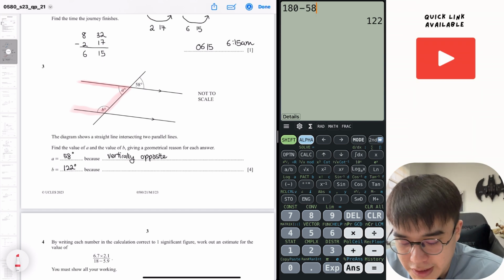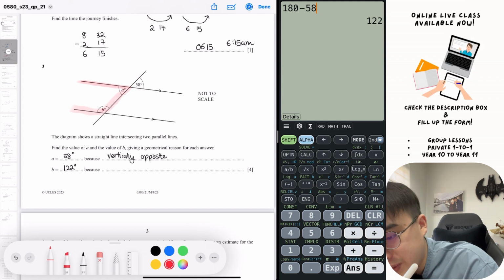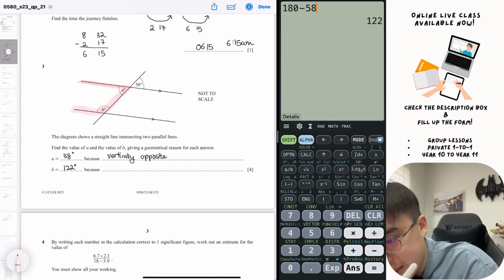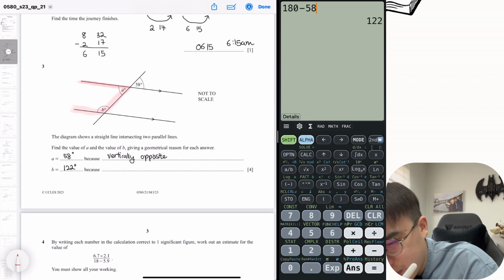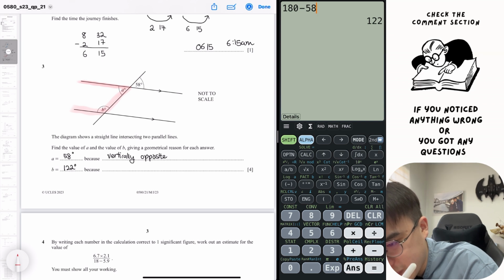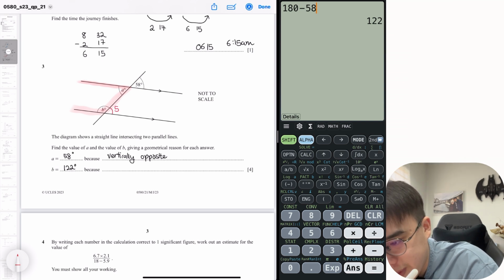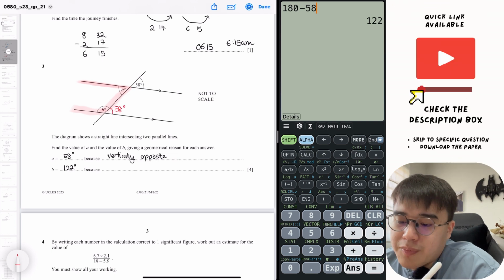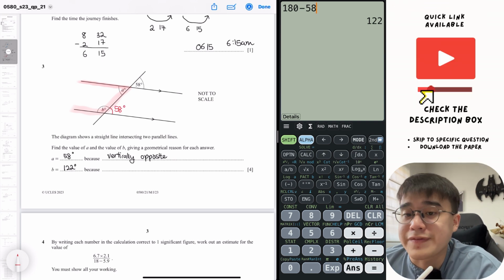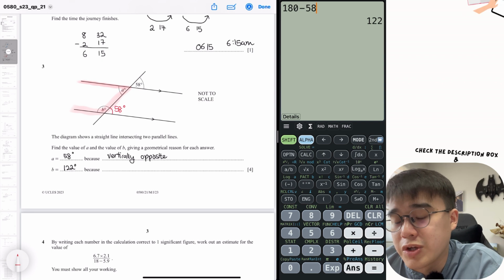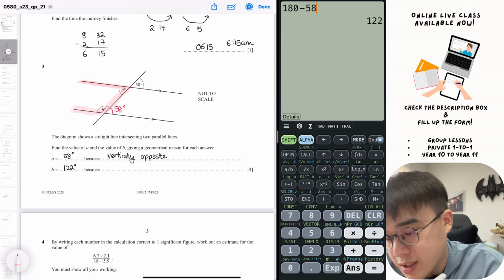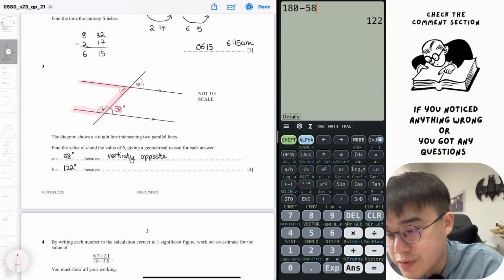If you didn't do this method, you can also say that our 58 can be transferred here using corresponding angle, and your B will be 180 minus 58, which is a straight line. So for me, I am leaning towards using corresponding angle and straight line.